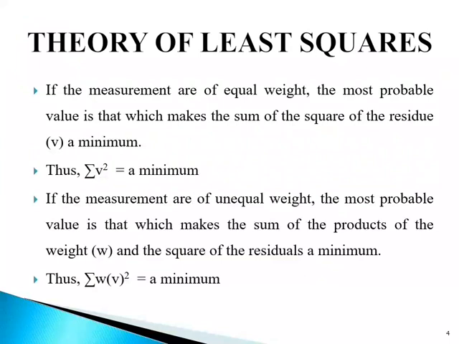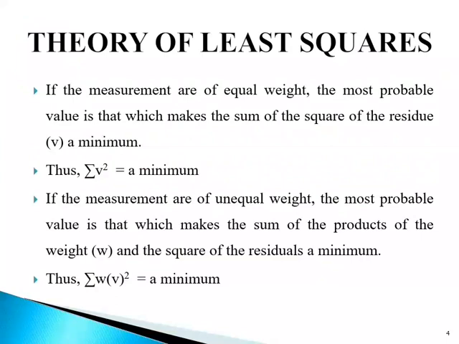So, if the measurements are of equal weight, the most probable value is that which makes the sum of the squares of the residuals, denoted by small v, a minimum. Thus, sigma v square is equal to a minimum.